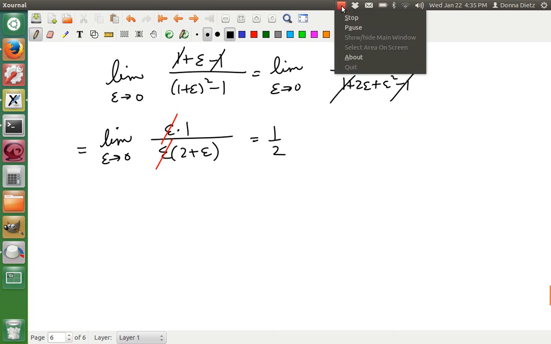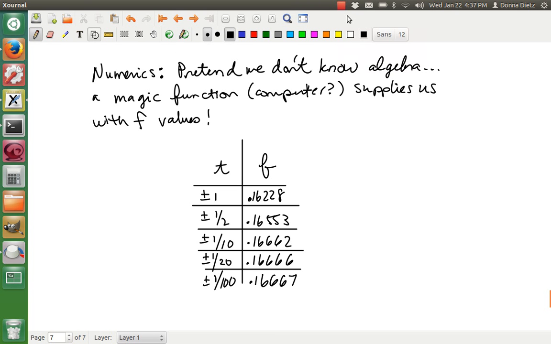All right. Okay, what about this? Let's say we don't know algebra. Let's say we have a function of some sort, and all we know is we put in a t value, and the computer comes back with an f value. Okay, so maybe we want to zoom in on 0.